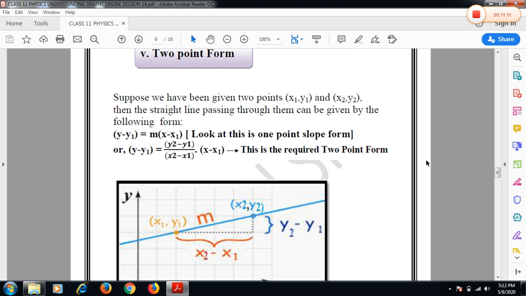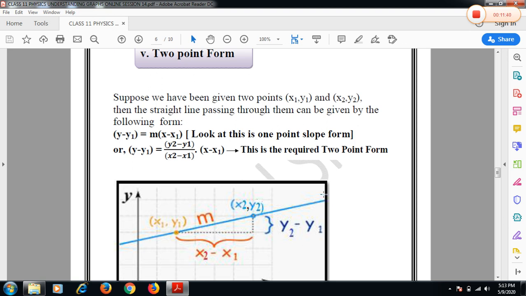Suppose we have been given two points, (x1, y1) and (x2, y2), and then the straight line passing through them can be easily formulated by the following form. This form is nothing but the one-point slope form, right? The previous form. First, y minus y1 equals m into x minus x1.